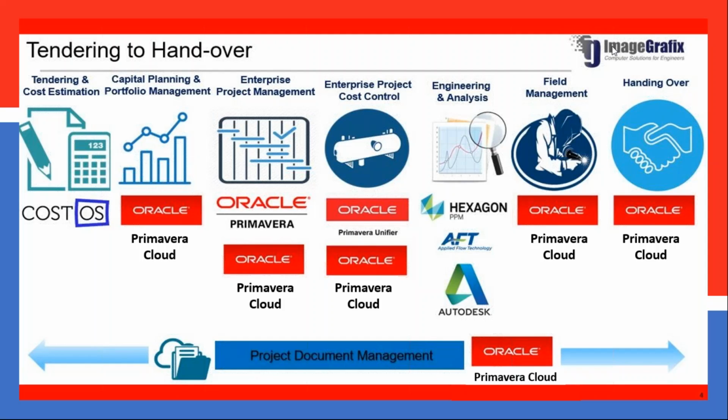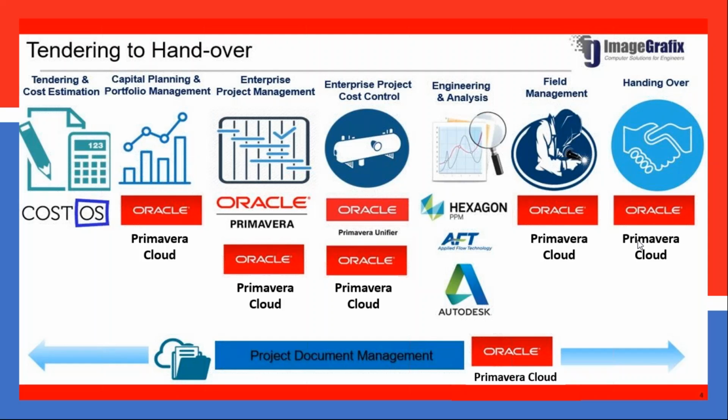Then you have enterprise project management, which includes preparing schedules, resource management, planning risks, all these things. So we have Oracle Primavera P6 and Primavera Cloud. These are the two topics which we are going to see today.